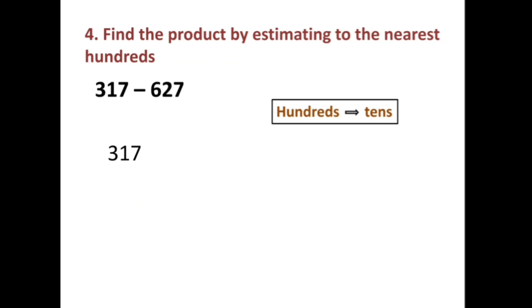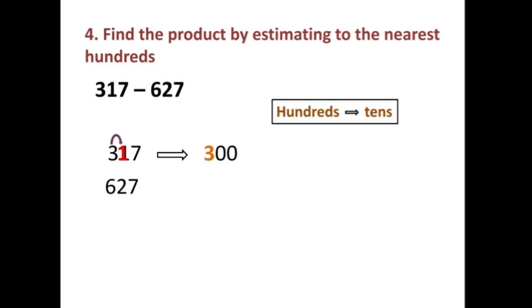Here which number is in tens place? 1 is in tens place. And we do the comparison between 1 and 5. 1 is less than 5. So hundreds place will be the same. Tens place and ones place will become 0. So the answer is 300.